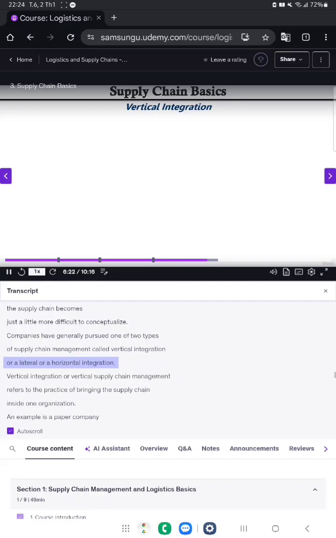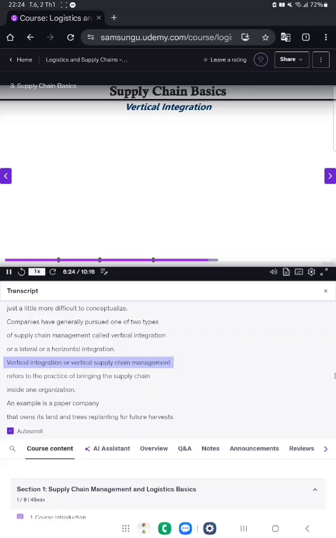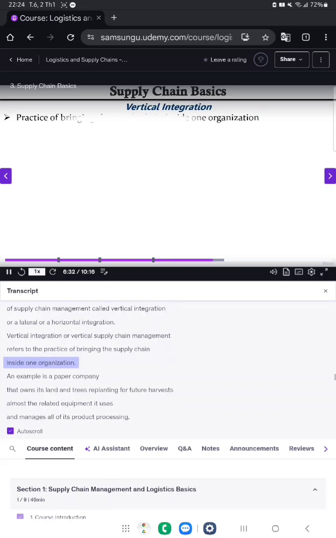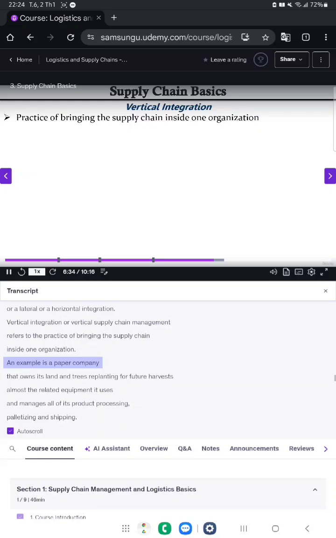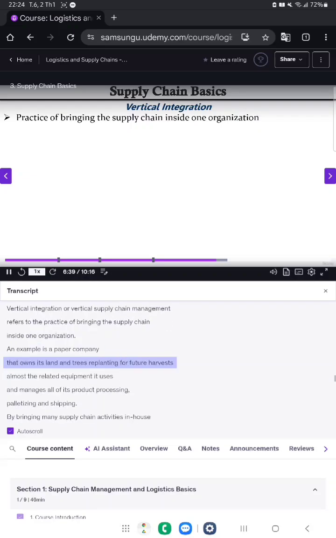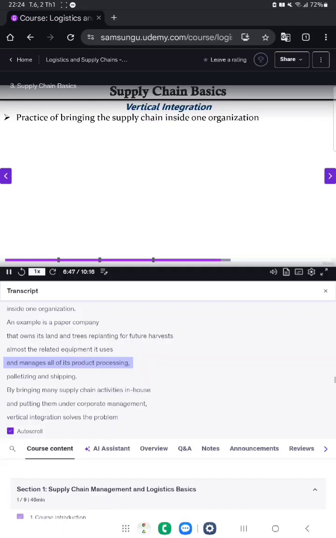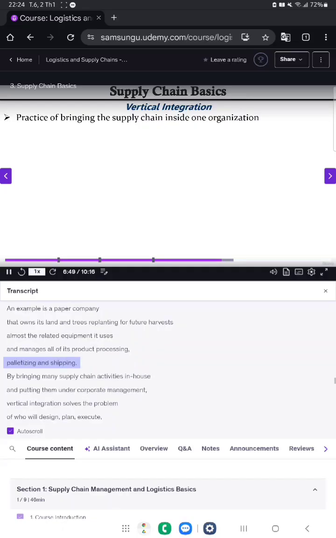Vertical integration or vertical supply chain management refers to the practice of bringing the supply chain inside one organization. An example is a paper company that owns its land and trees, replanting for future harvests, owns the related equipment it uses, and manages all of its product processing, palletizing, and shipping.